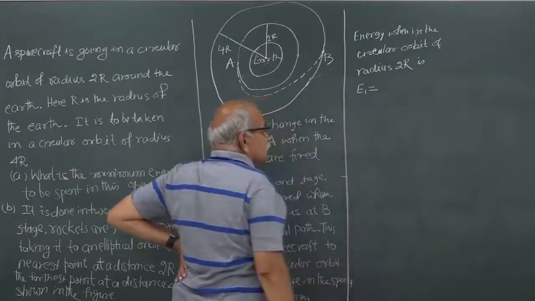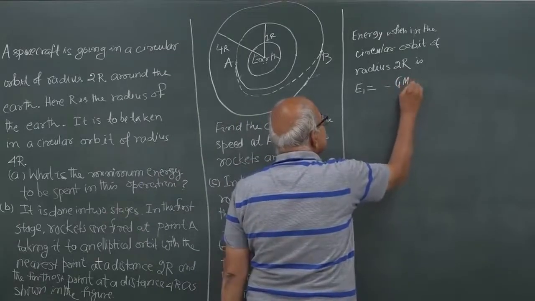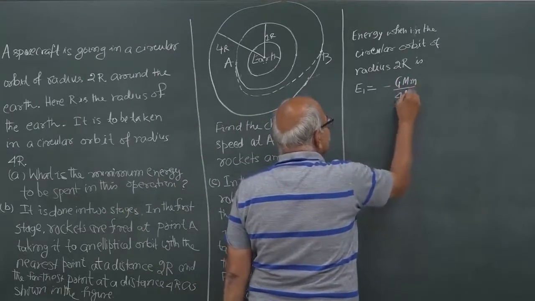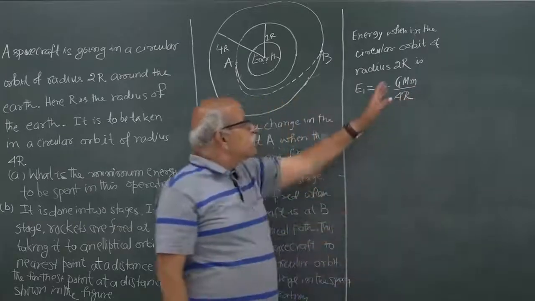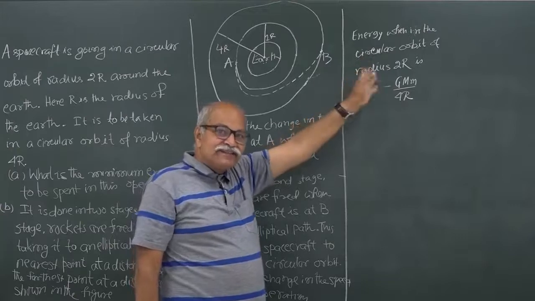We have just calculated it, that was minus G M m over 4r. We calculated kinetic energy, we calculated potential energy, and we added to get this energy.